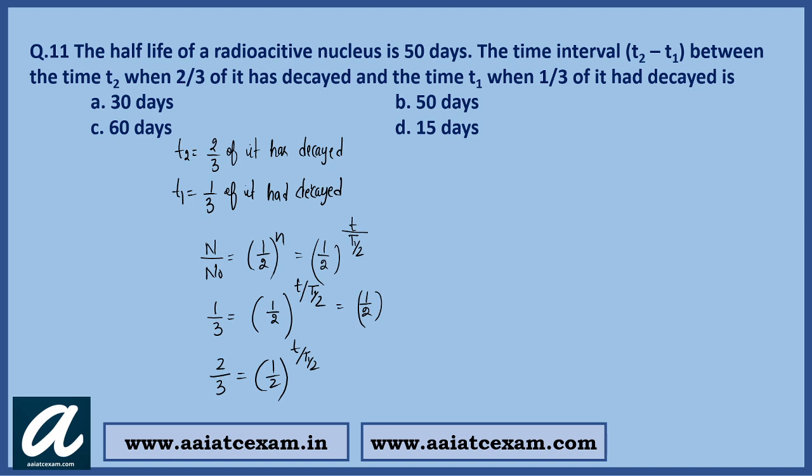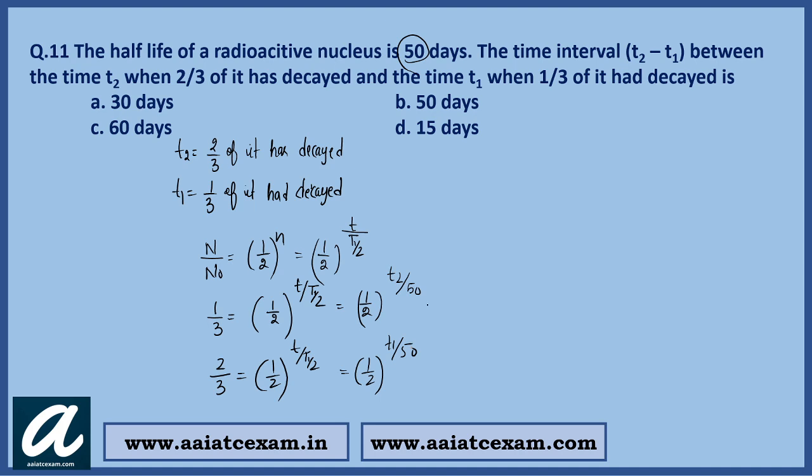So consider, students, the T2 time is this whole divided by 50, because it's 50 days. Now for this I will write 1 upon 2 raised to the power t1 by 50.